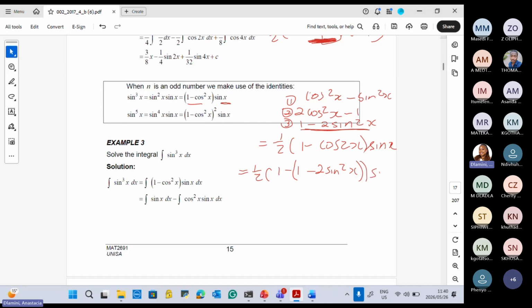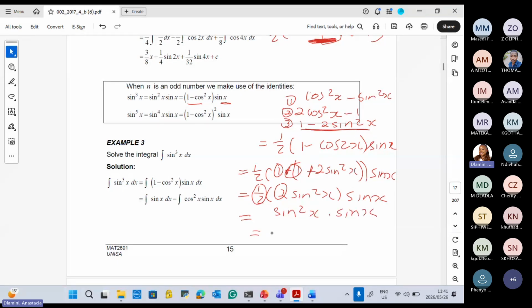Do you see that? So then this is equal to 1 over 2. Now 1 minus 1 is what? 0. And then this becomes positive 2 sine squared x times sine of x. The minus times the minus, and then this 2 times that 2. So then we have sine squared x times sine x.